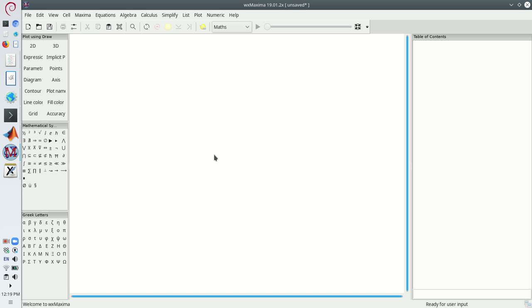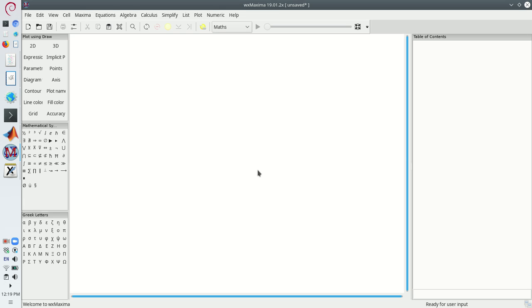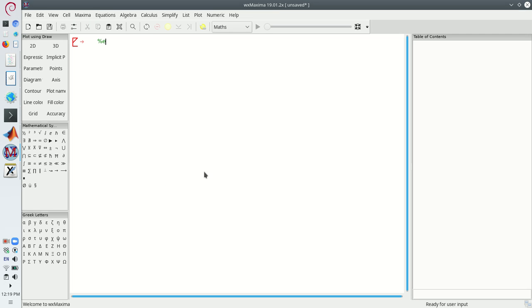So what do I do? I simply write this integral. I write the expression e. When you are considering Euler's number, E, in Maxima you use the percentage sign before E, so that Maxima knows that this is Euler's number.